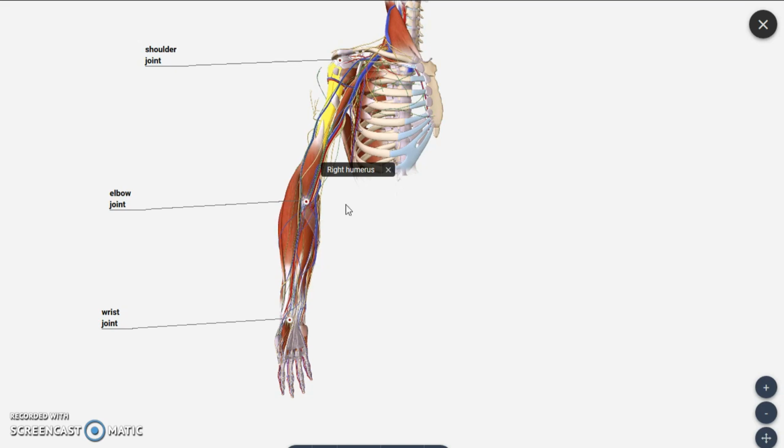In the forearm region we will have altogether 8 muscles in the anterior compartment. Those 8 muscles we will divide into superficial, middle and deep layers. In the superficial layer we get 4 muscles, in the middle layer one muscle, and in the deeper layer 3 muscles. All these muscles we will deal with in detail later.